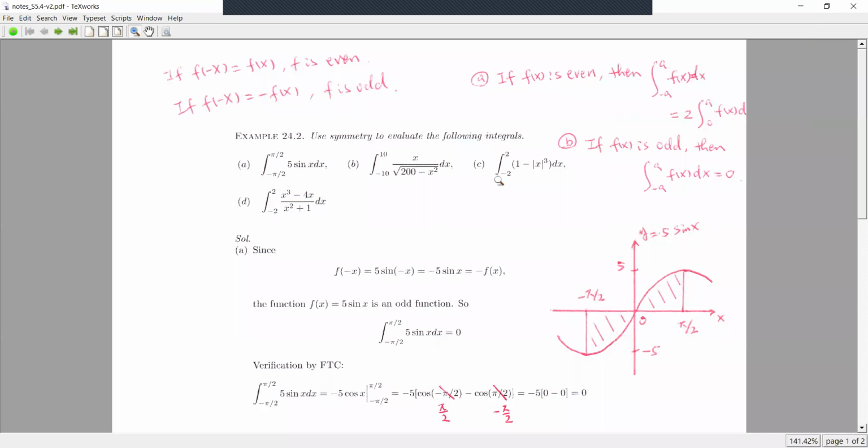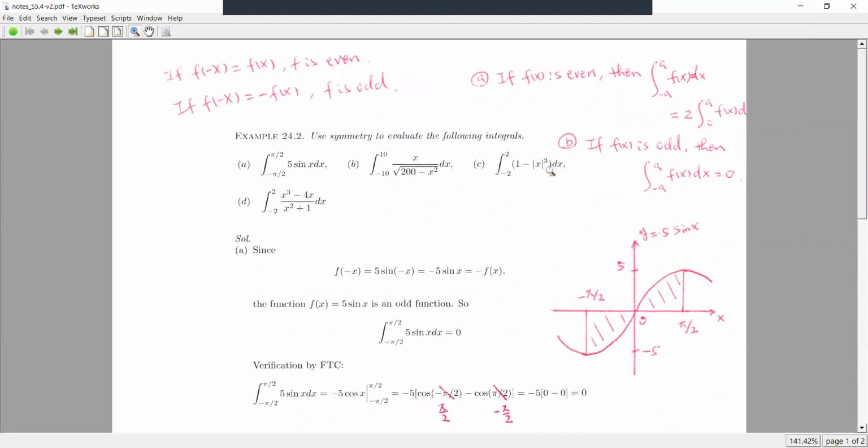Now, consider the integral in part C. The function in this integral has an absolute value of x. For a function with absolute value, it is difficult to find an antiderivative for this function.